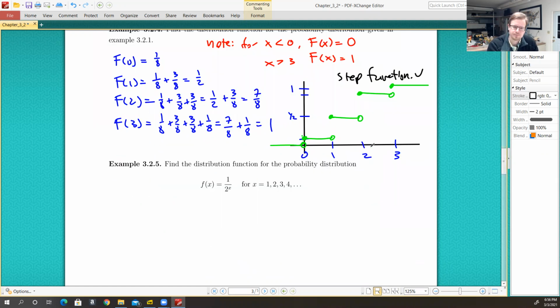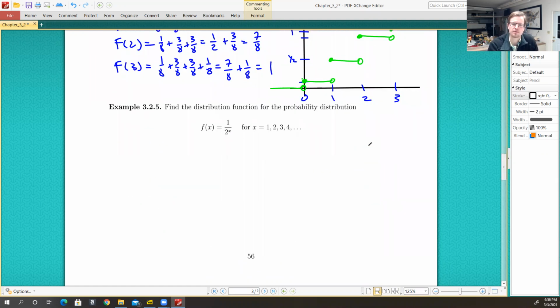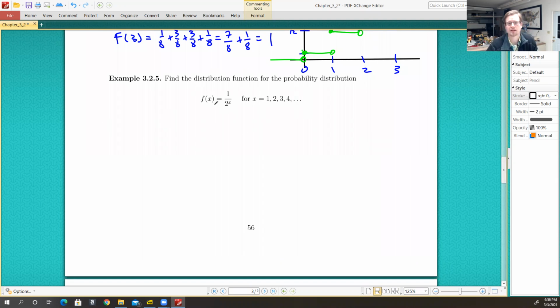All right. So let's also find the distribution function for the probability distribution that we, again, looked at in the previous video. So this one takes on an infinite number of values, so I can't simply find f of 0, f of 1, f of 2, f of 3. I can't actually continue on forever.